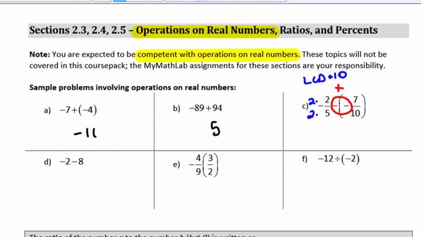Okay, so what we'll have right here is -4/10 plus 7/10. Now you can see that I have one negative number and one positive number, so I'll subtract those to get 3/10, and again, positive 3/10 because the larger of these two values was a positive value.